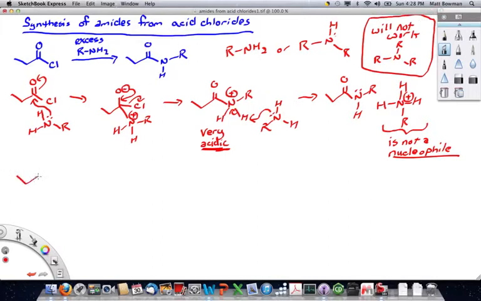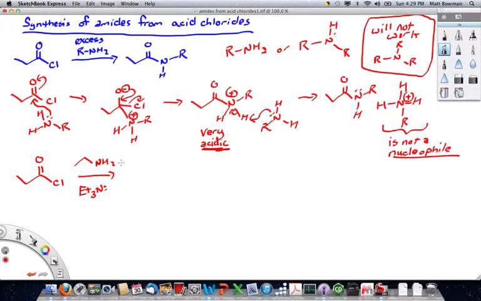And so what you can do is set it up so you use the amine that you want to make the amide out of, plus you add a tertiary amine, like triethylamine.